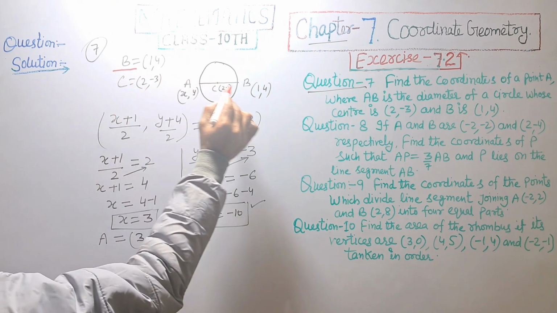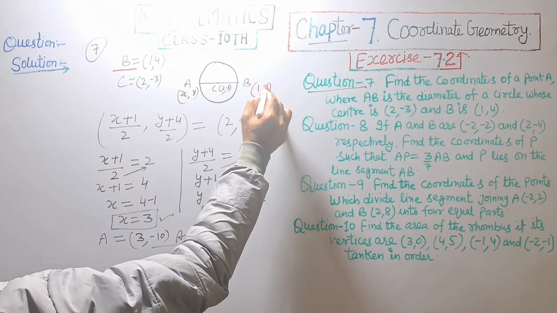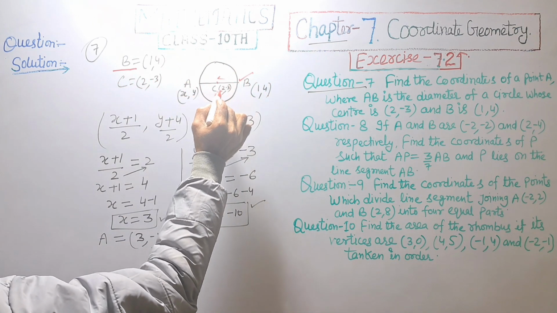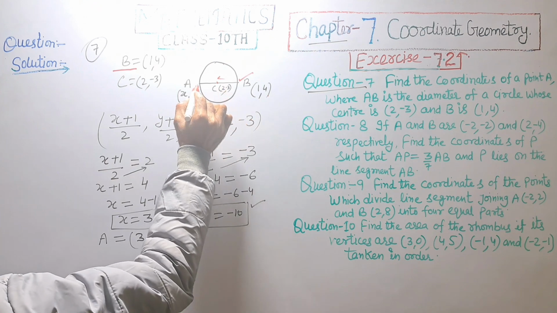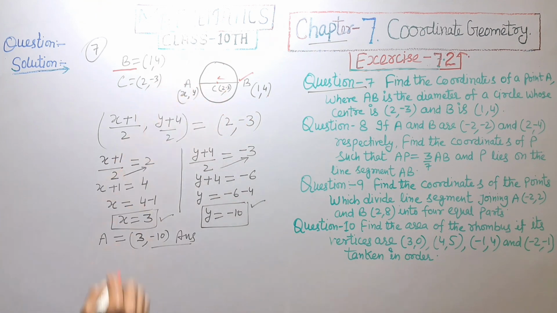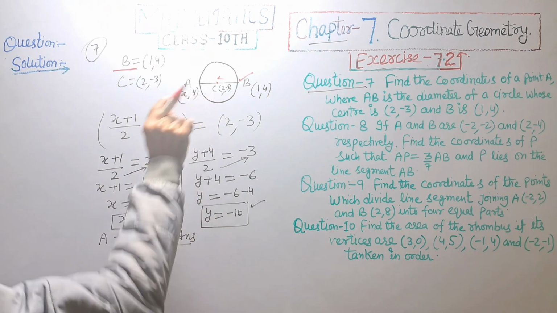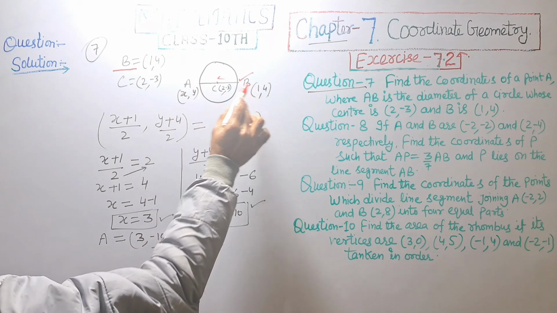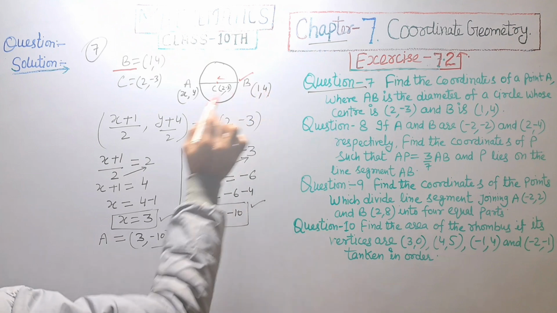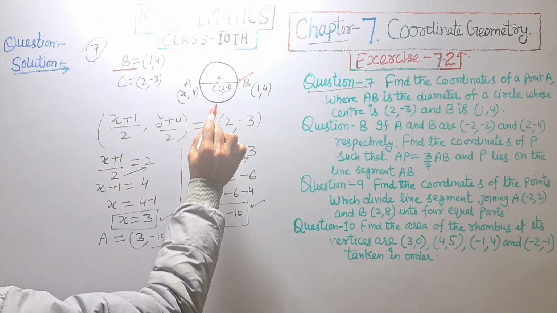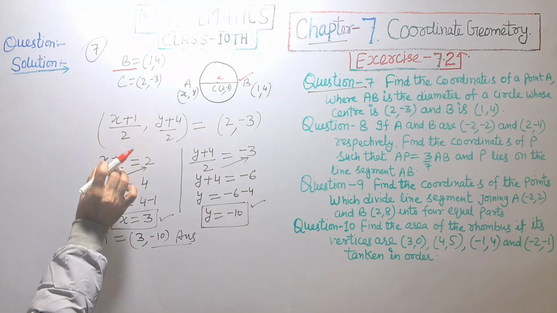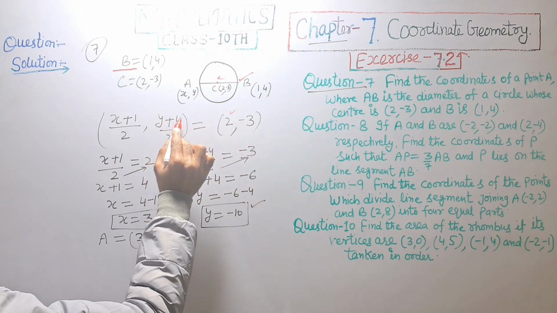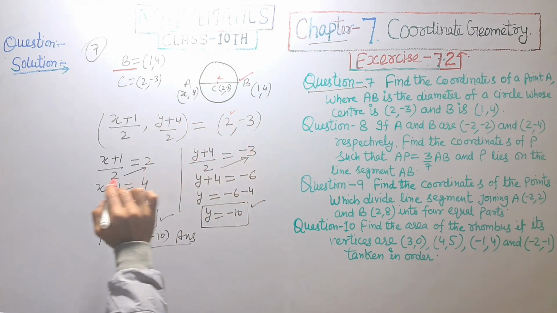We have given B that is (1, -4) and C is the center point (2, -3) and A is (x, y). We find the coordinate points of x and y. So by the midpoint formula, (x1 + x2)/2, (y1 + y2)/2 is equal to the first point 2, so (x + 1)/2 is equal to 2 and the second point is -3, so (y + 4)/2 is equal to -3.